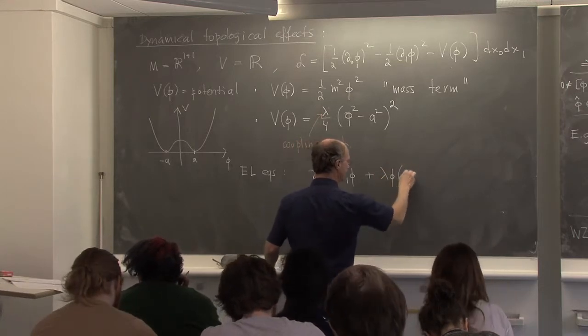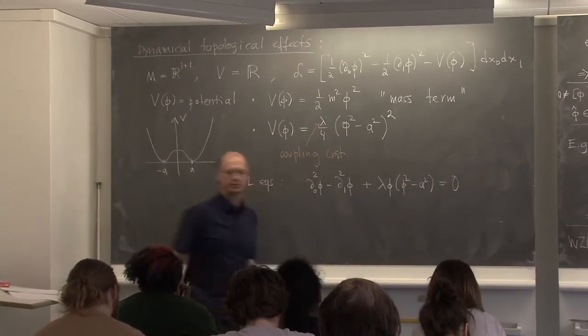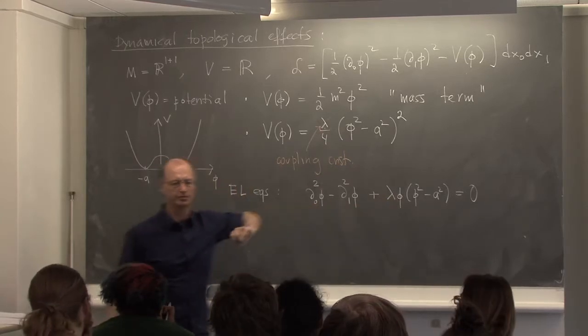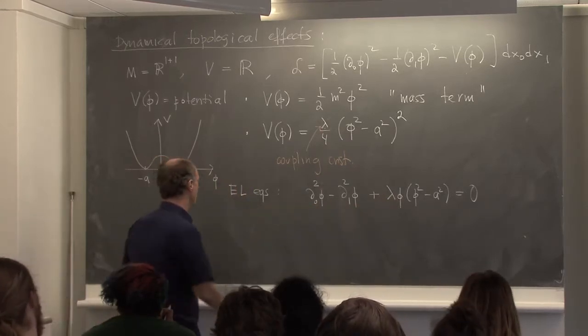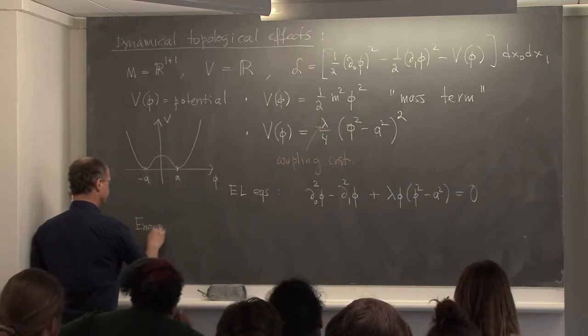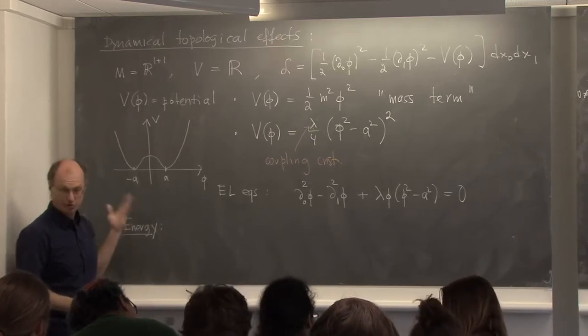By now you are great specialists in the EL equations. You can probably check it much better than I. So there will be this term. Let me also write the energy. So the charge which corresponds to time translations.